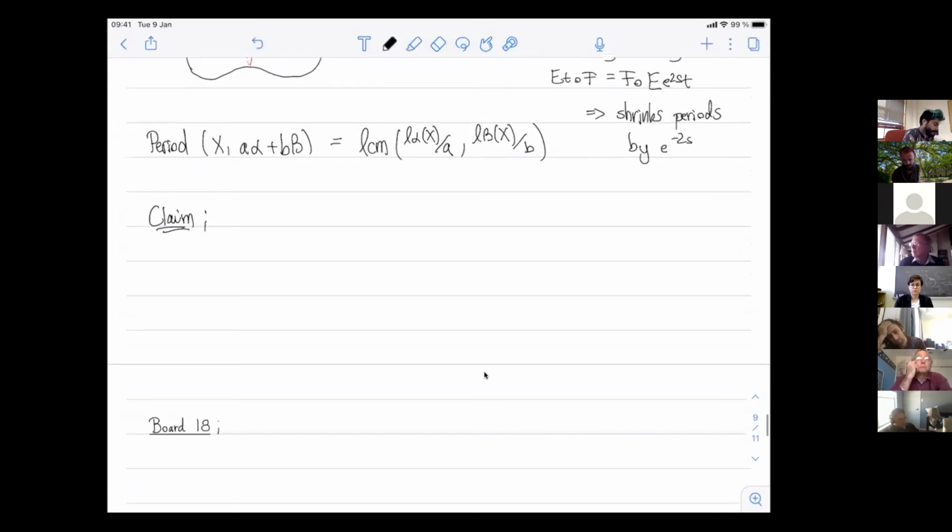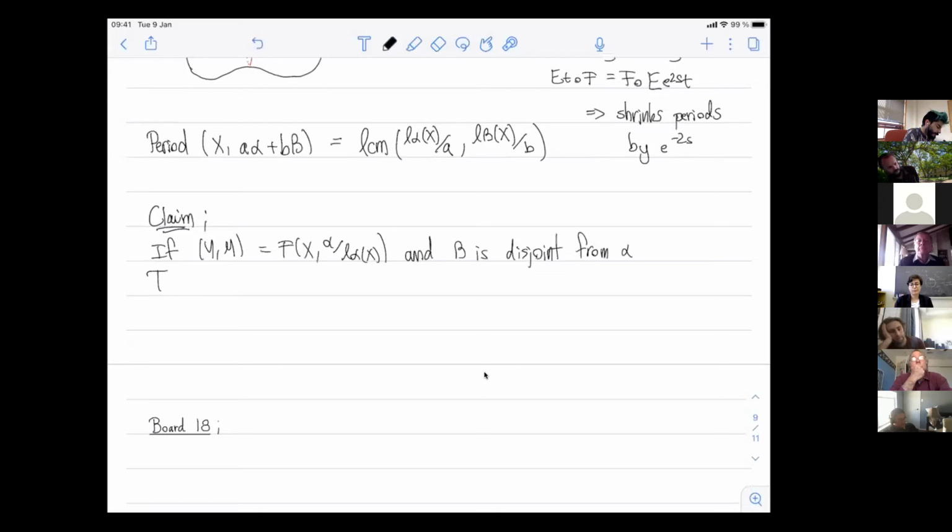And what I claim is the most important thing you can deduce is that if (y, mu) is equal to f of (x, alpha), let me just normalize it so that it has length 1, and beta is a simple closed curve disjoint from alpha, then the length of beta is forced to shrink by e to the minus s.